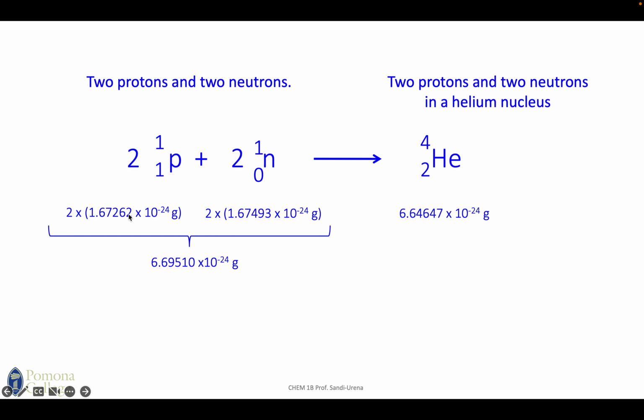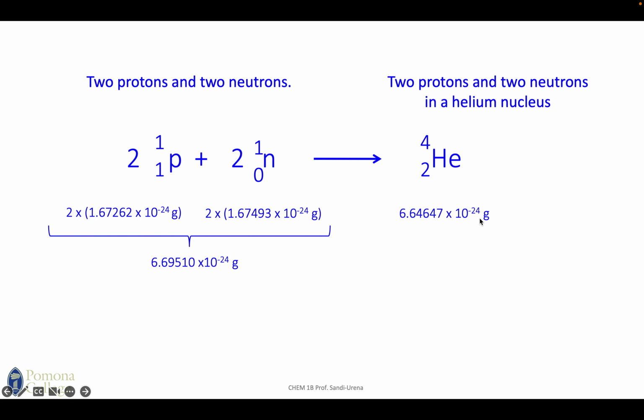If we multiply the mass of a proton times 2 and add that to 2 times the mass of a neutron, the mass of a proton and neutron are very similar, and we add them together, we get this value down here. But when we look at the helium atom or nucleus, its actual mass is this value that we have here.